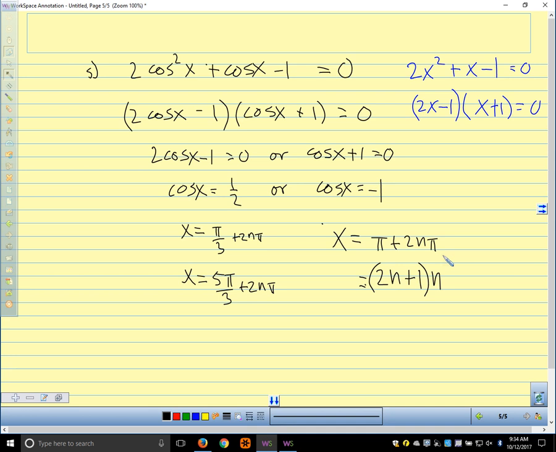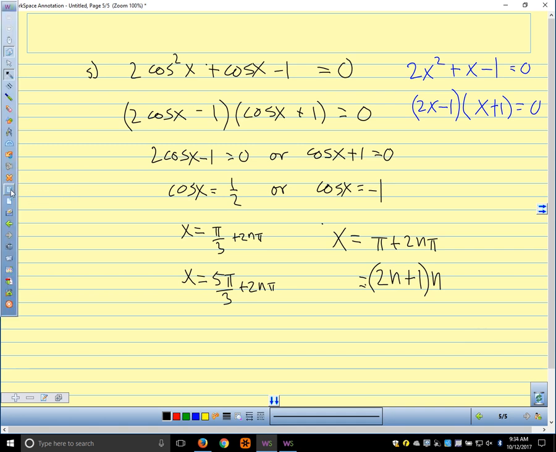So this tells us that we have odd multiples of pi. So we get three answers and their coterminal angles out of this equation. All right, questions? Okay, well, we've got just a couple more things to talk about.